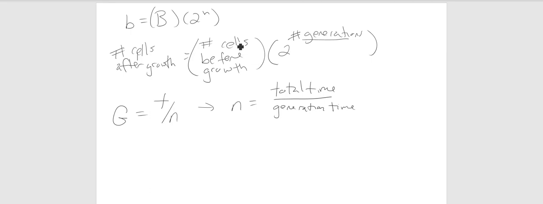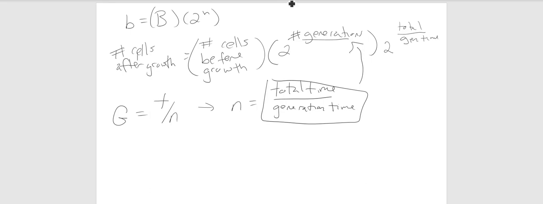And the other thing is, if you don't like using 2 equations, you can always take this number of generations and replace it with that. So we could have written this as 2 to the total time divided by the generation time. And then if you write the equation like that, you've got all the pieces, you just need to plug the numbers in for them.